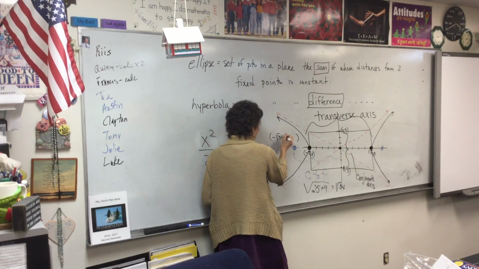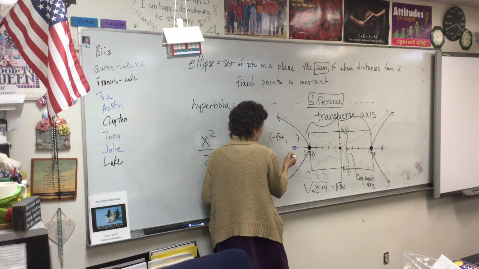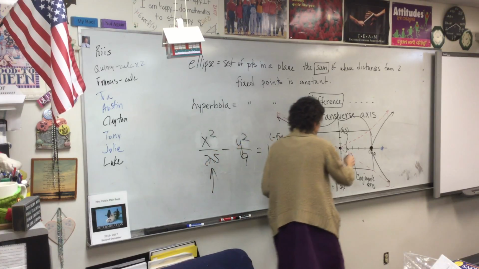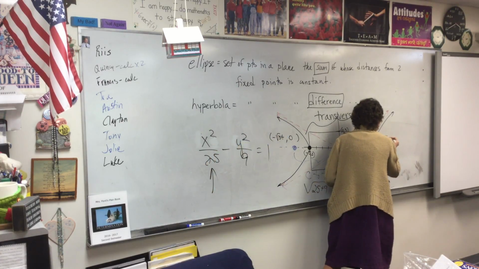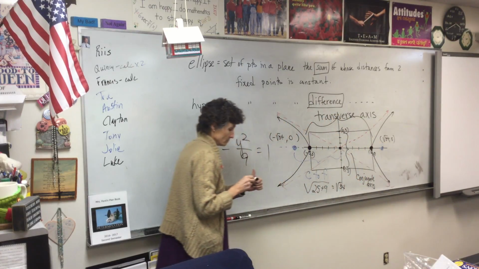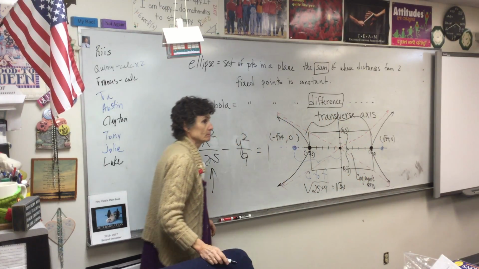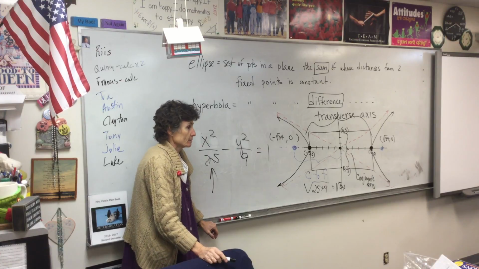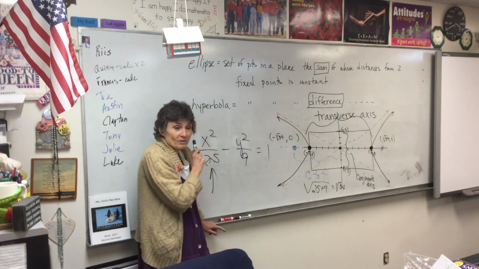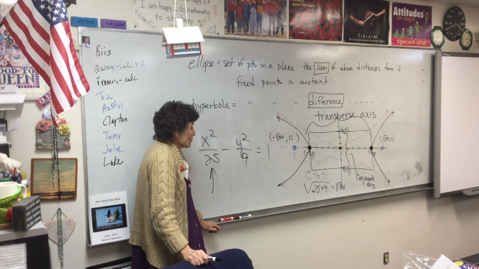Negative root 34, comma, 0. And this one would be positive root 34, comma, 0. You're thinking, oh my gosh, my head's going to explode. No, we have one more thing. One more thing.